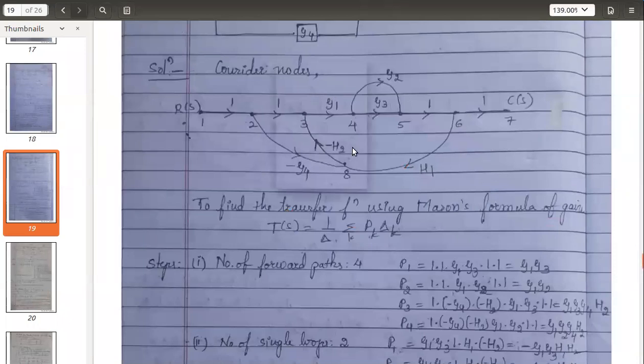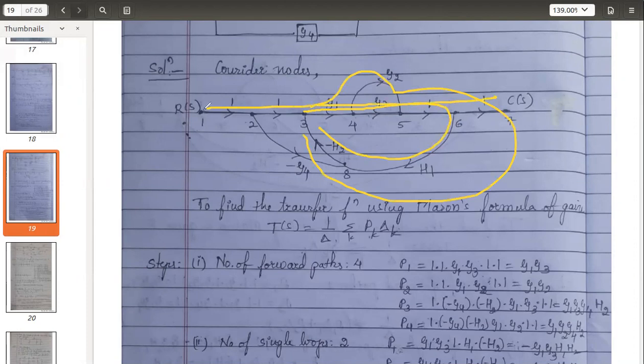There are 2 loops. This is your first loop and this is your second loop. If you observe these 2 loops, they are touching all the paths.